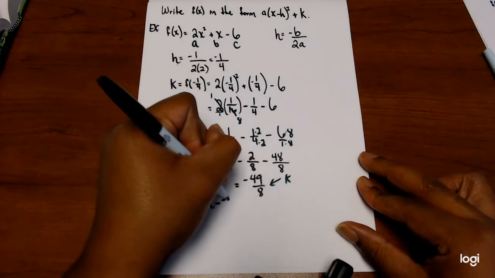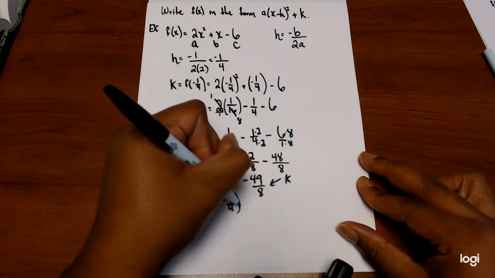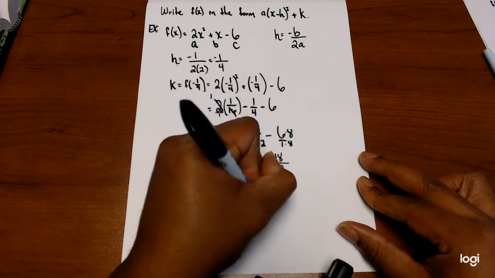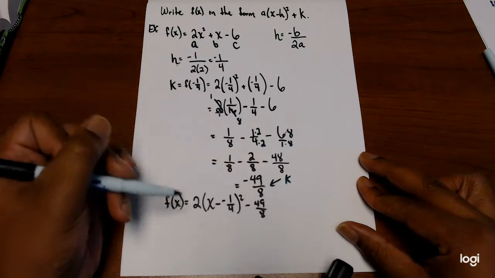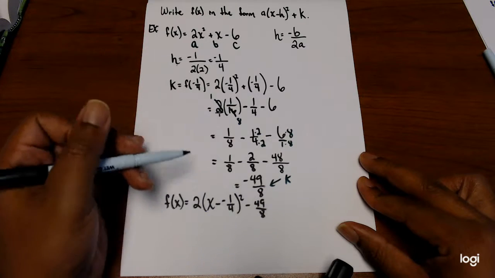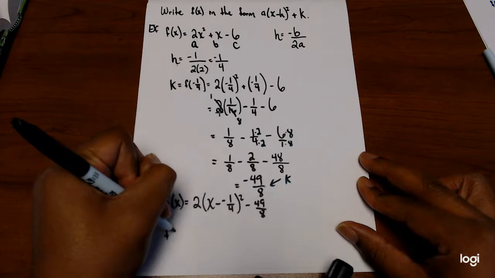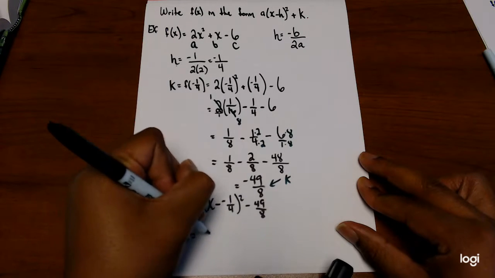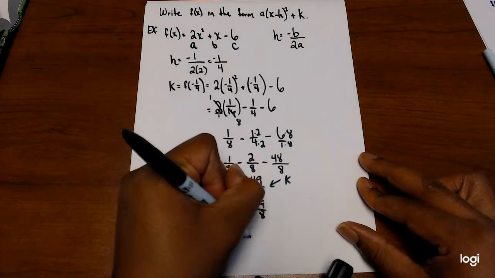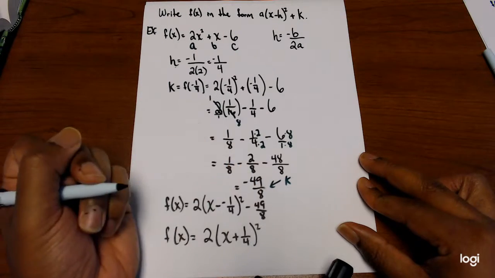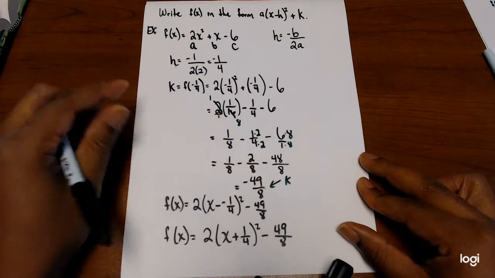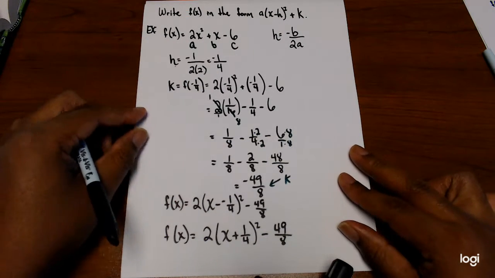Negative 1/4 squared minus 49 over 8. I said it that way just to impress upon you that this minus a negative is a plus. So our final answer, f of x is equal to 2 times the quantity x plus 1/4 squared minus 49 over 8. And we are all done with that one.